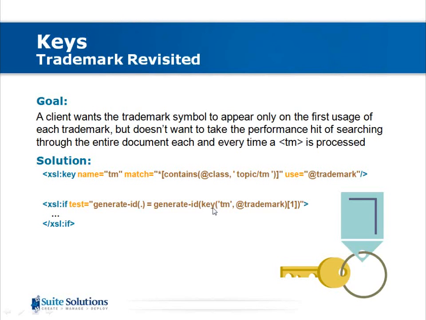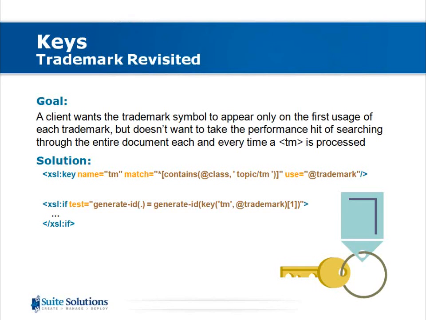So we call the key function, and we give it the name of the key that we want to use. This TM here matches the name that we defined in the XSL key element. And we pass in the value that we want to search for, specifically the trademark of the current TM.